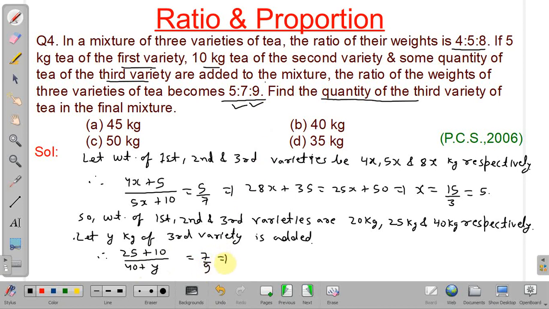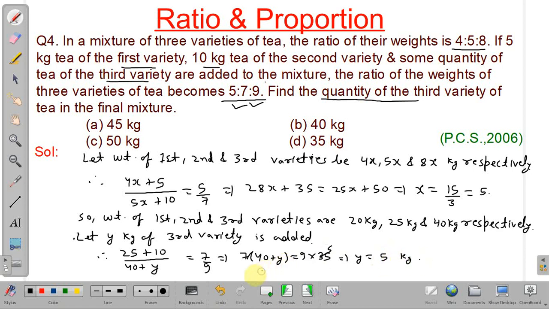Okay, so from here we can calculate the value of y. 7 into (40 plus y) equals 9 into 35. So from this we can calculate y: 7 into 5, 9 into 5, 45 minus 40, it will be equal to 5 kg.